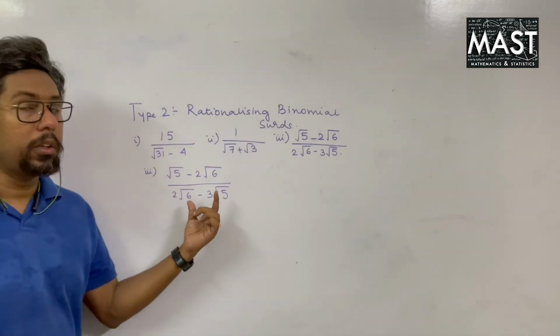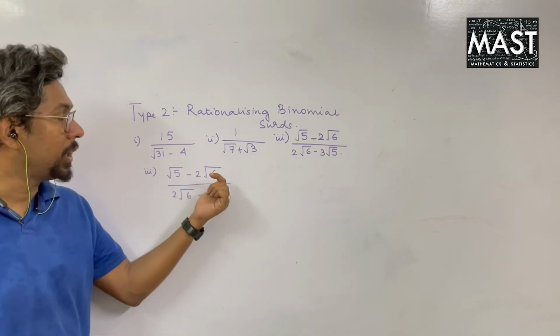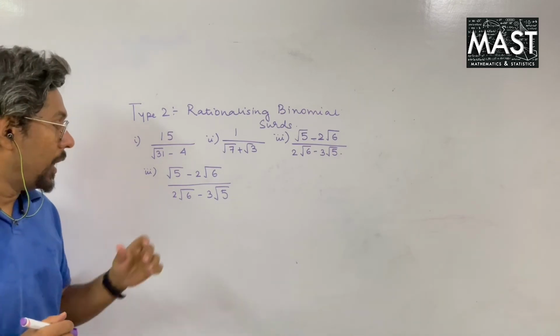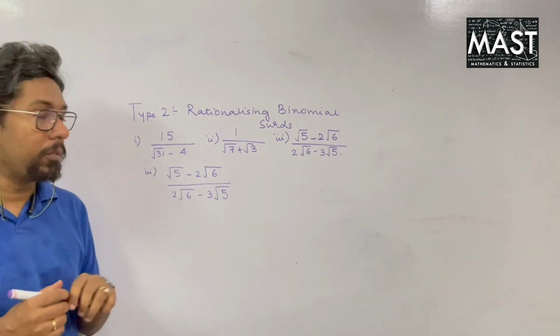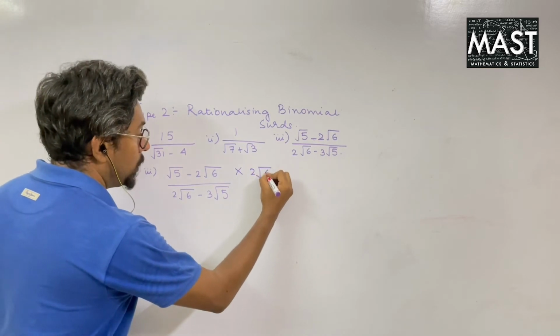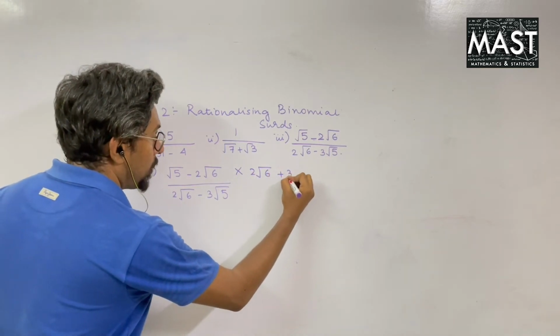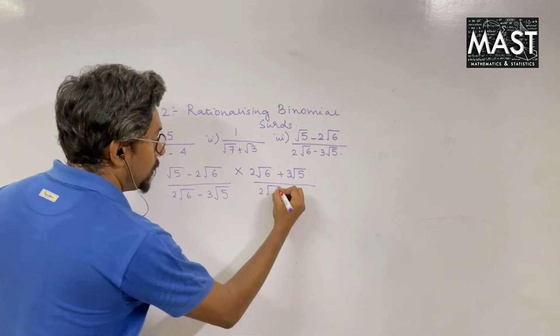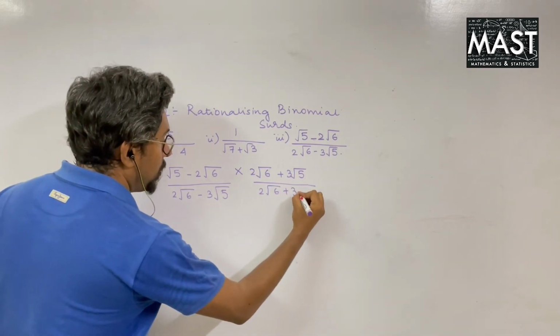Now moving on to the third sum, which is root 5 minus 2 root 6 by 2 root 6 minus 3 root 5. Like in the previous two sums, again we multiply this with its conjugate surd, which is 2 root 6 plus 3 root 5 by 2 root 6 plus 3 root 5.